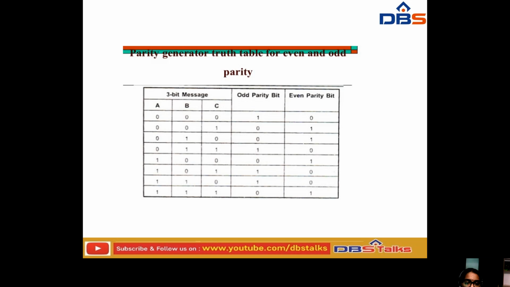So 0 is considered an odd parity bit, and 1 is considered an even parity bit. The first one is considered an odd parity bit, the second an even parity bit, the third also an even parity bit, the fourth an odd parity bit, and the fifth an even parity bit.